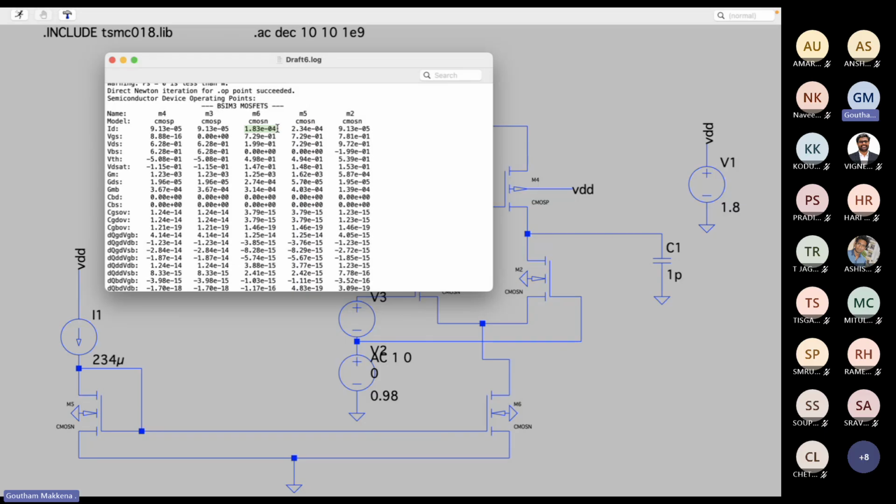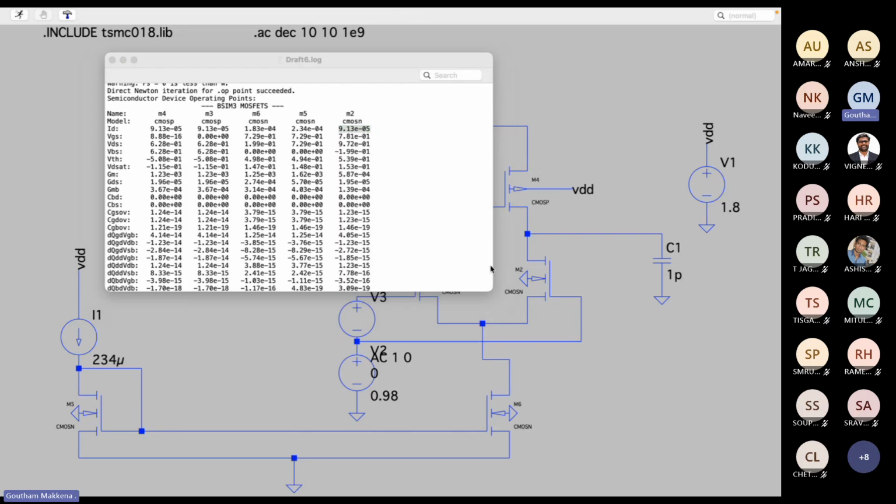And 183 divided by 2 gives 91.3. Because the current is reduced, we have a reduced gm. Ideally, it should have been 117 microamps, but we got only 91.3 microamps.